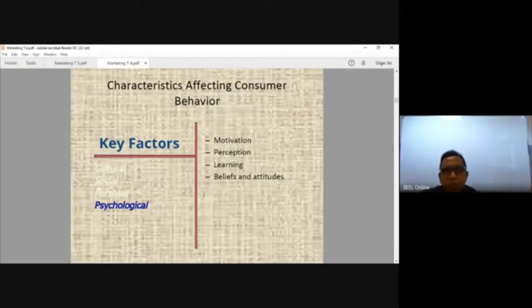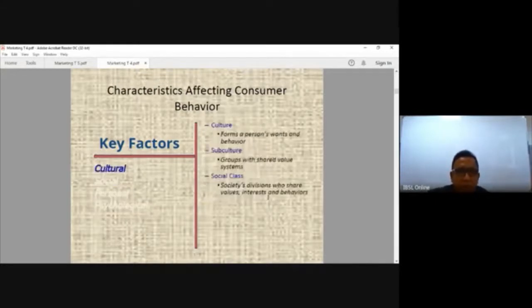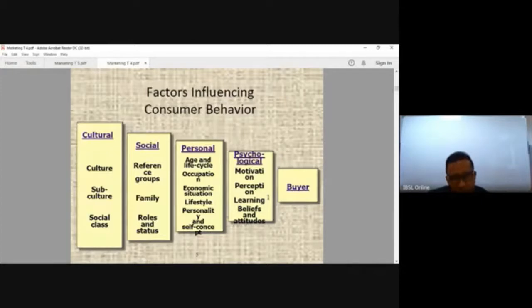So there are a number of factors that influence consumer buying behavior. Consumer buying behavior is therefore a very broad and very complicated subject, because with time, the behavior of customers changes.